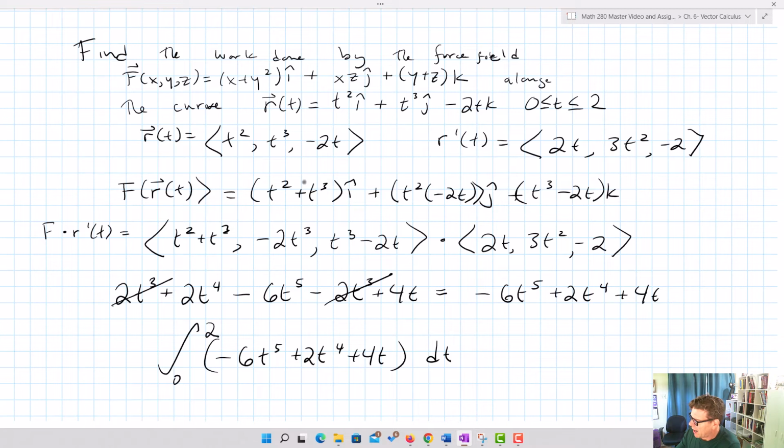So oftentimes the challenge of some of these things is actually to figure out what the parametrization of the curve is. If you're given the curve, then it's pretty much straightforward. Find r prime of t, dot that with the vector field parameterized for the curve, and then take that dot product and plug that into the integral, with your bounds being the bounds for t.